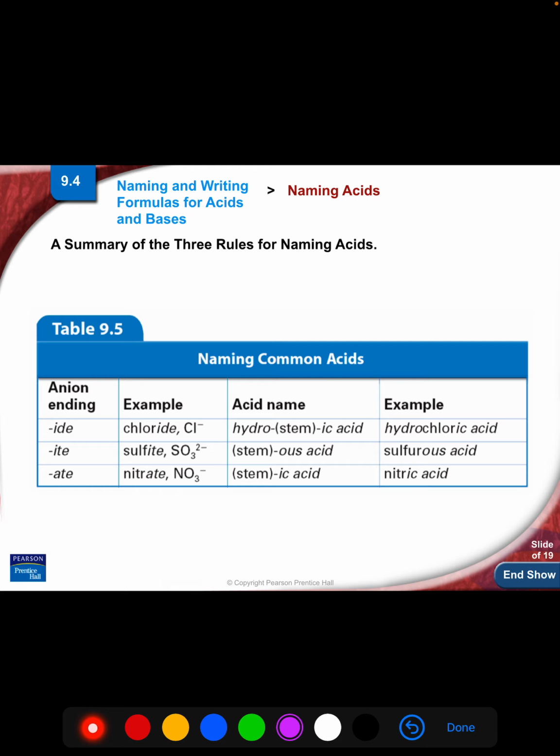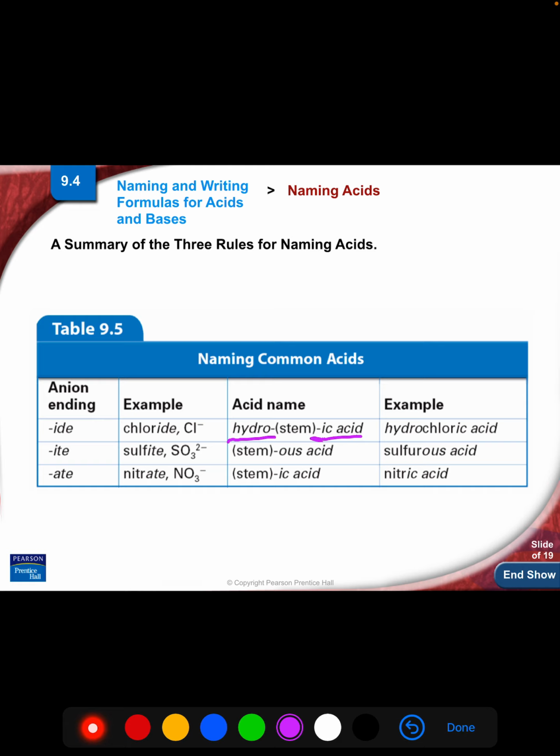So here's a quick summary of the 3 rules. If I have a simple binary acid attached to an anion ending in ide, chloride, bromide, fluoride, sulfide, nitride, any of those, then it becomes an ic acid, but it has a prefix of hydro, as in hydrochloric acid.